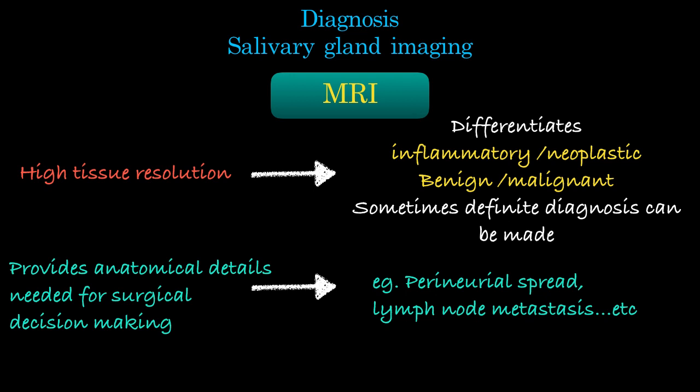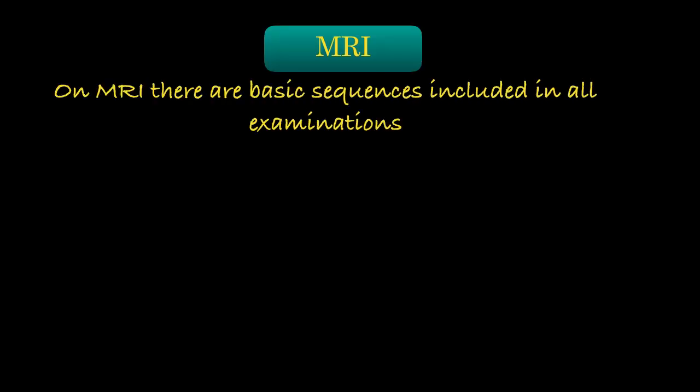We can see the lymph nodes, make sure whether they have metastasis or not, and do nodal staging. Everything can be done with MRI. You will request the MRI for a patient that you suspect has some disease or tumor in the salivary glands.